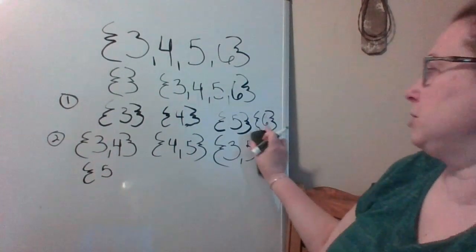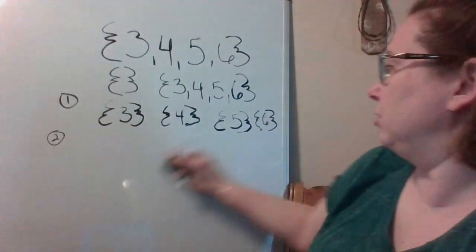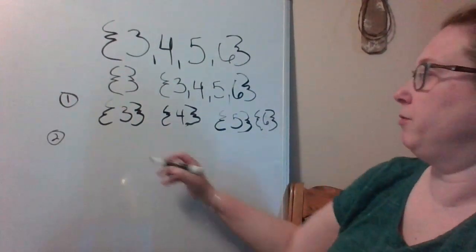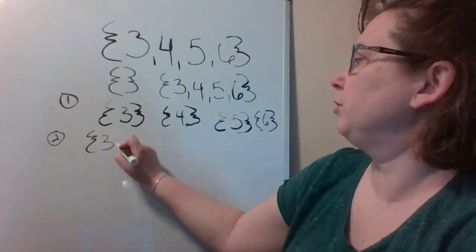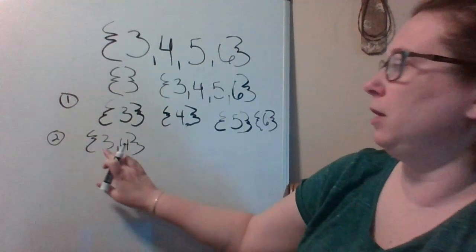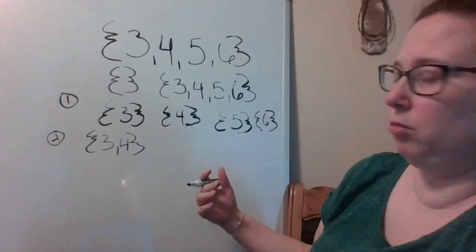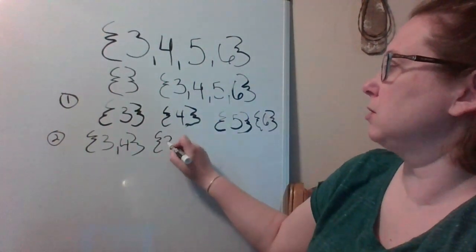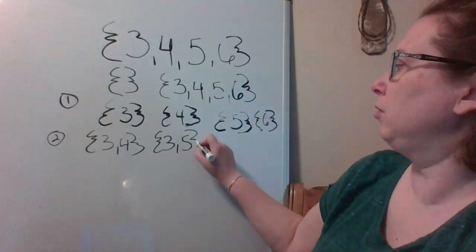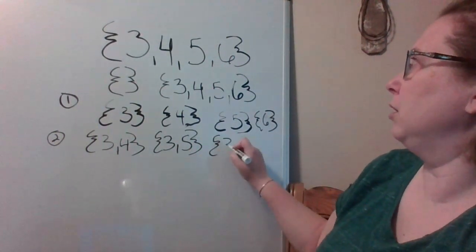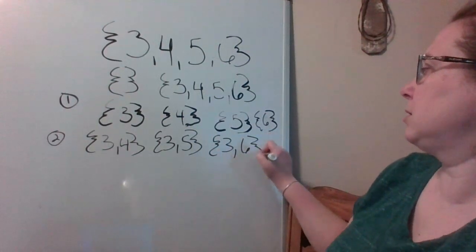actually, I'm going to start these over because I like to do them in a specific way. So I'm going to do 3, 4, and then I'm going to add everything with 3 at the beginning. So I would do 3, 5, and then 3, 6.